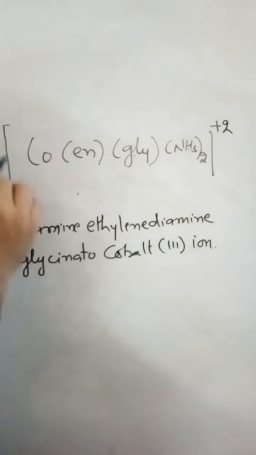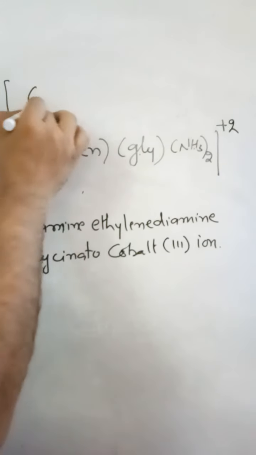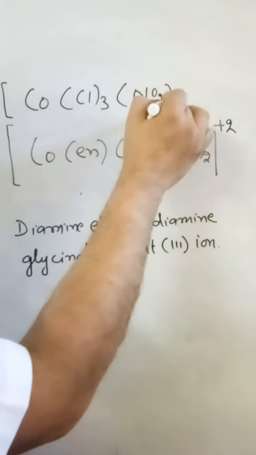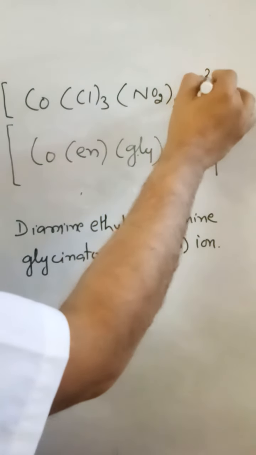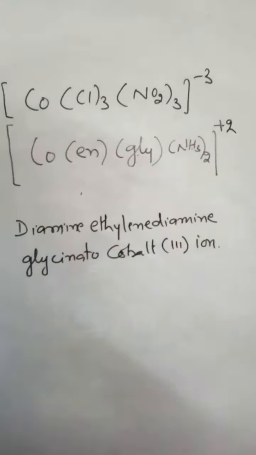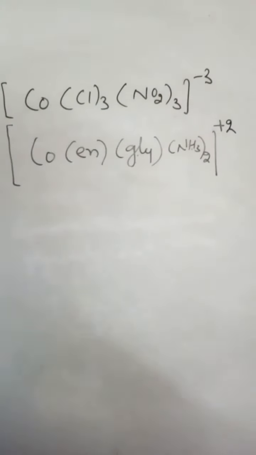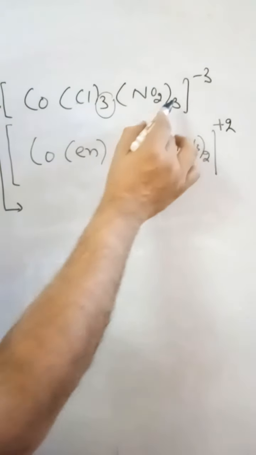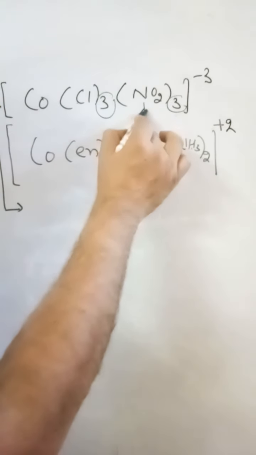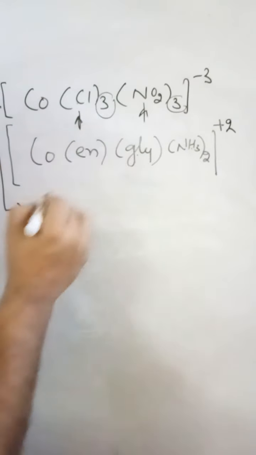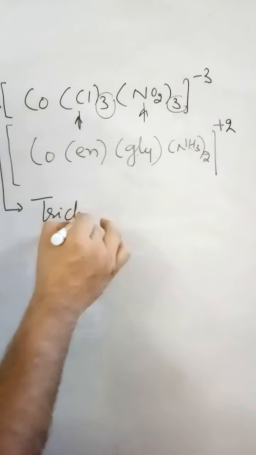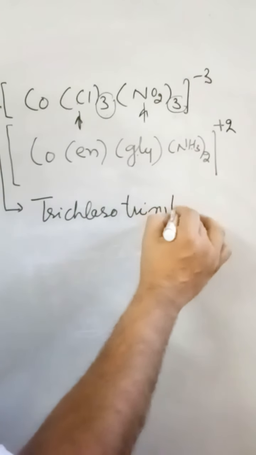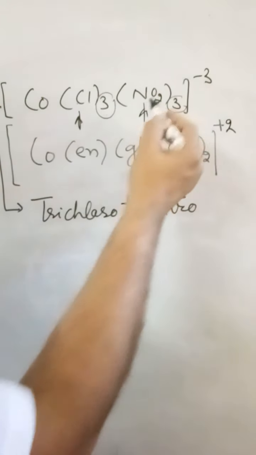Now consider this negatively charged complex ion. Now for this, the name is: this is chloro, this is nitro, this is chloro. So C comes first. This is trichloro, trinitro.